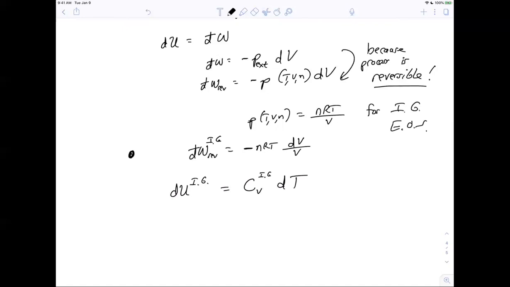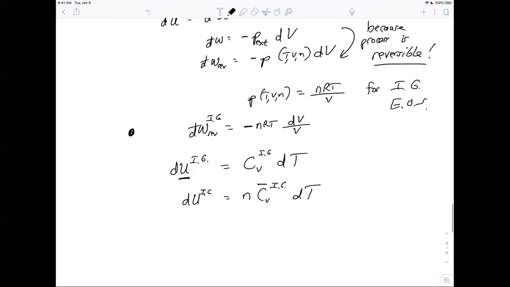This is extensive, and instead of using an extensive Cv, we can write dU ideal gas is equal to N times Cv bar. So here's a little bit of practice in converting molar properties into non-molar properties.